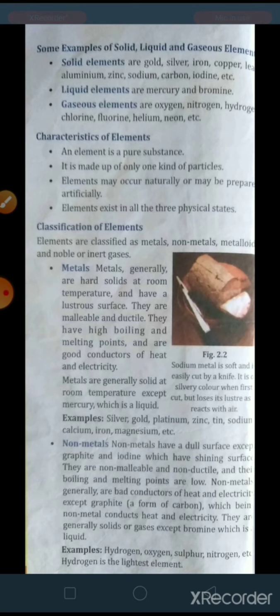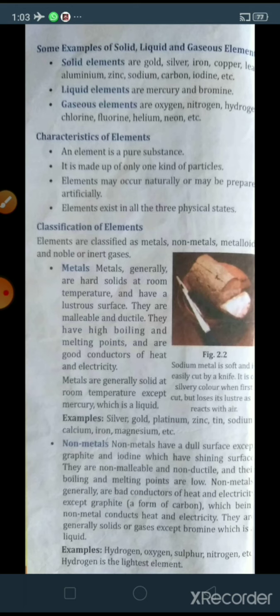Next, metals are generally solid, but mercury is a liquid which is a metal. Mercury is the only liquid which is a metal. Otherwise, other metals are generally solid. Some examples of metals are silver, gold, platinum, zinc, tin, sodium, calcium, iron, magnesium, and many more.